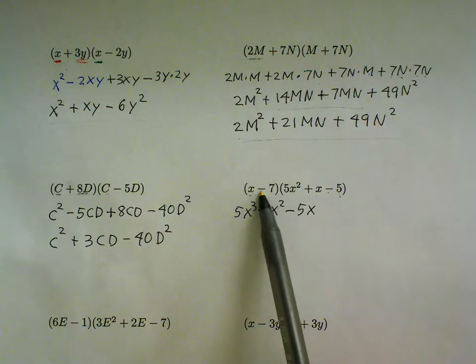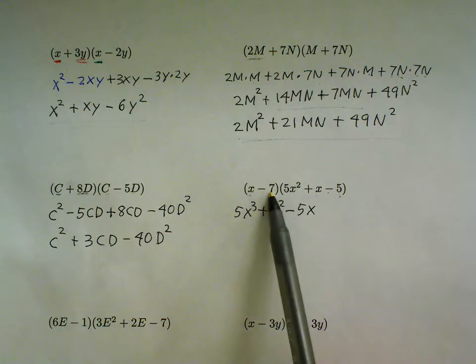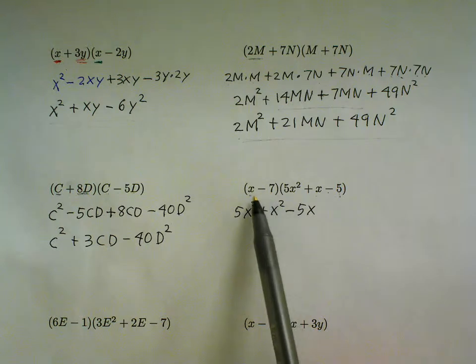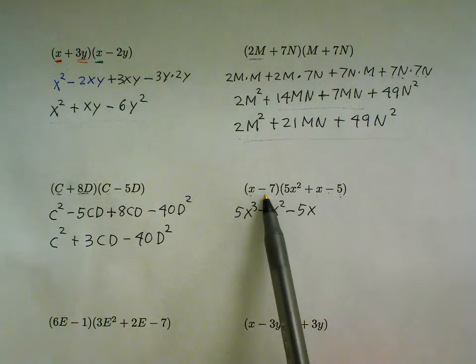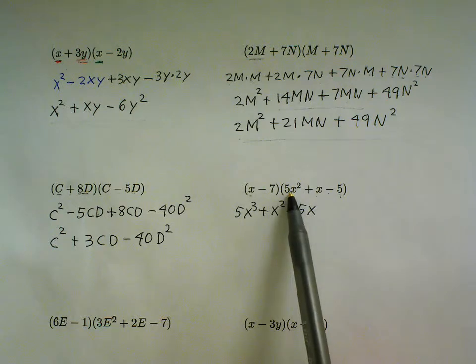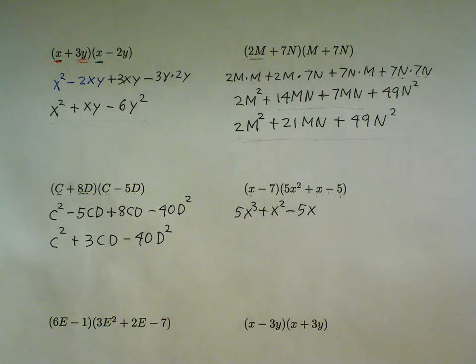Okay, then shift to the next term in the binomial. X minus 7 is equivalent to x plus negative 7. So we're going to, in effect, multiply negative 7 times each of the terms in the trinomial.